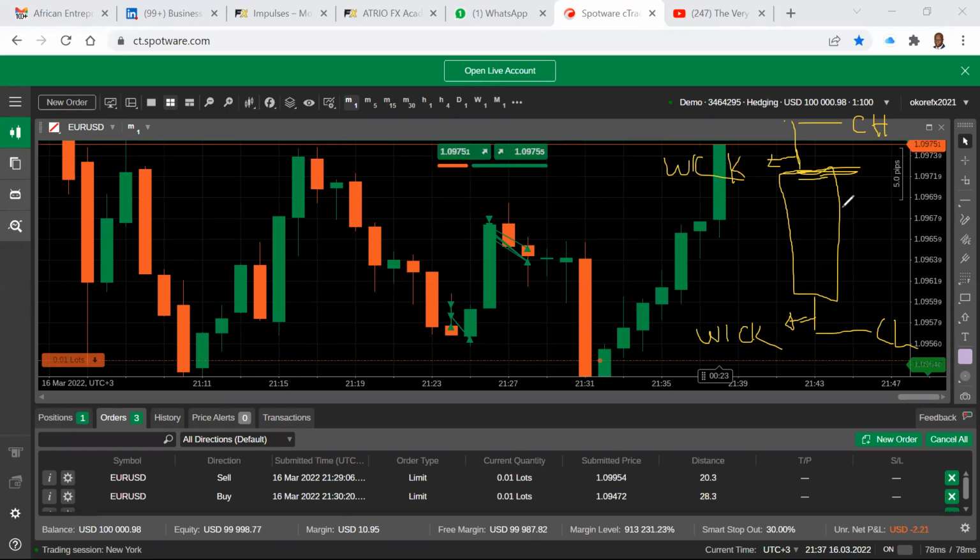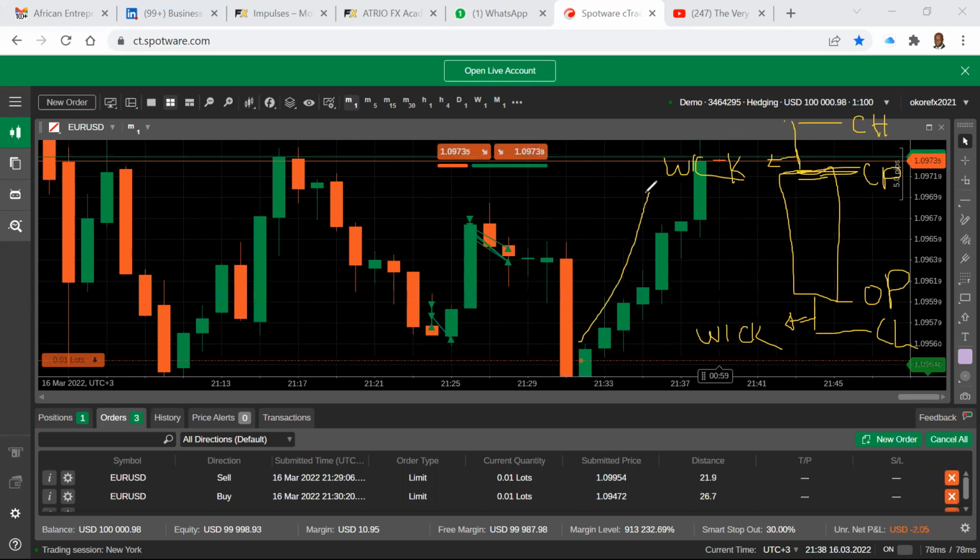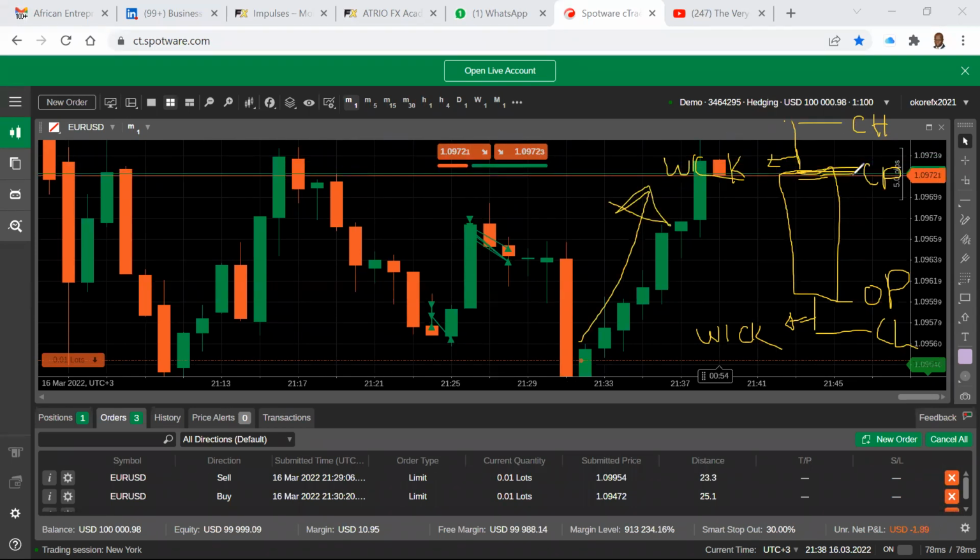If the market is going up like this, the way it's going right now, this is the closing price, and then this one at the bottom is the open price. This is a green candle. When the market is going up, these are the definitions.